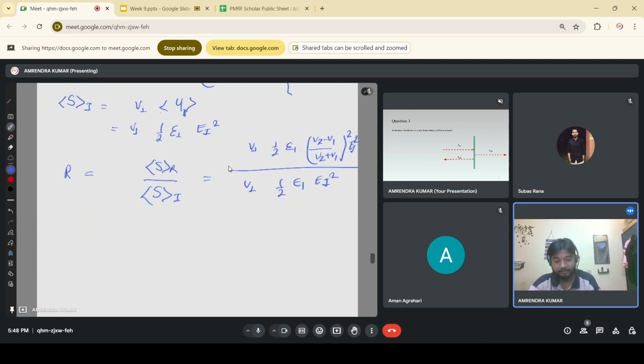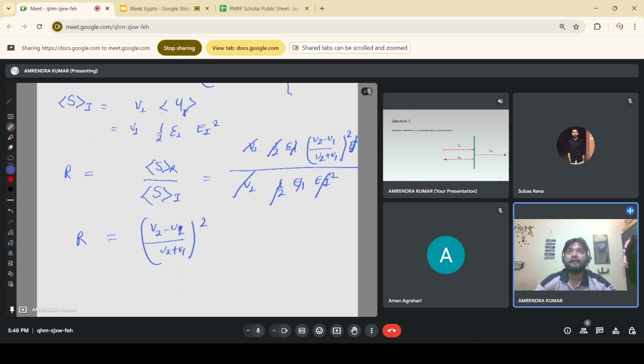Now, if we calculate all this, V1 will cancel out, half will cancel out, epsilon will cancel out, and E_I square will cancel out. We will be left with V2 minus V1 over V2 plus V1 square. This is the reflectivity coefficient that you are looking for.